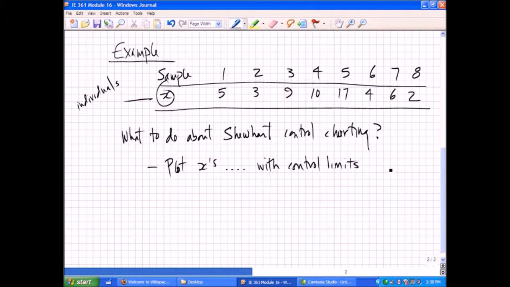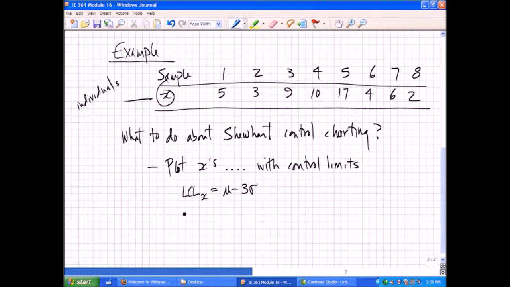So with that kind of thinking, possible control limits for the x's would be the mean for a sample average of size 1, that's just the process mean, minus 3 standard deviations for a sample average of 1 observation. Well, that's just the process standard deviation.